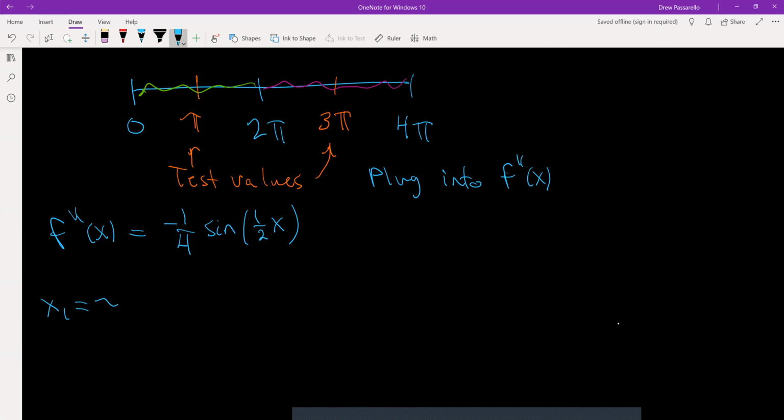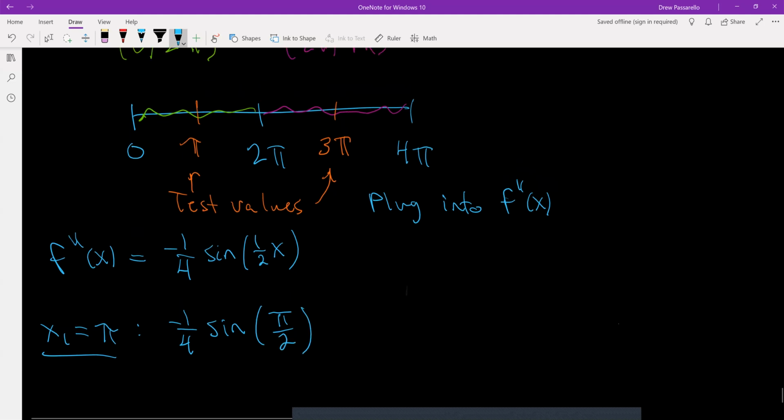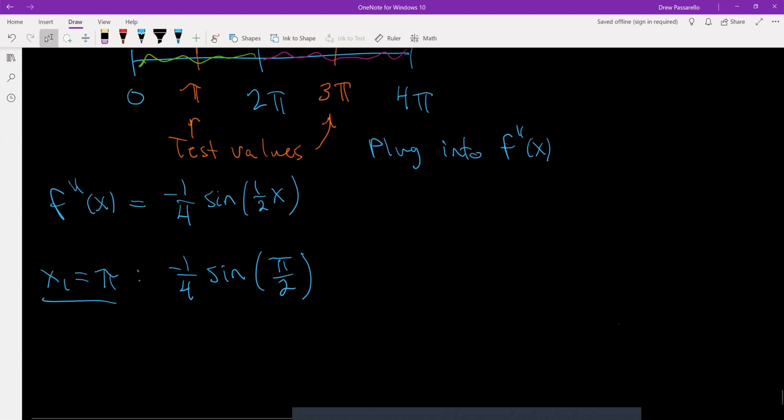All right, so the first one's pi. I plug pi in. That's negative 1/4 sine, and it's 1/2 times pi, so that's pi over 2. And what's sine at pi over 2? Sine at pi over 2 is 1. This is negative 1/4 times 1, so negative 1/4, so it's negative.